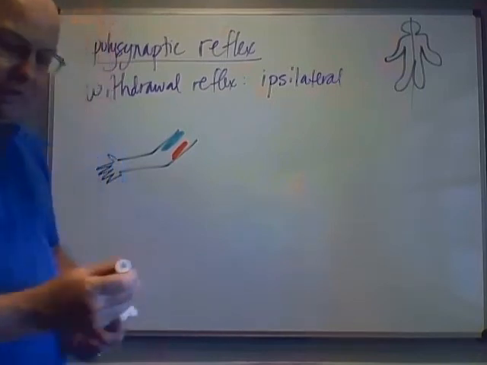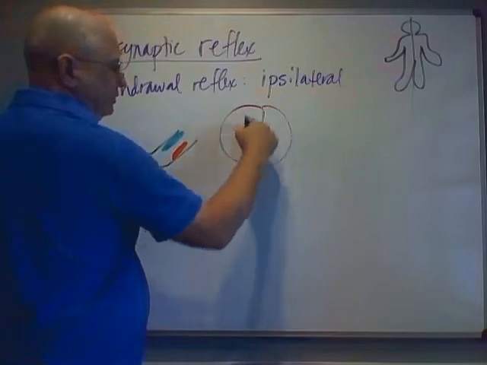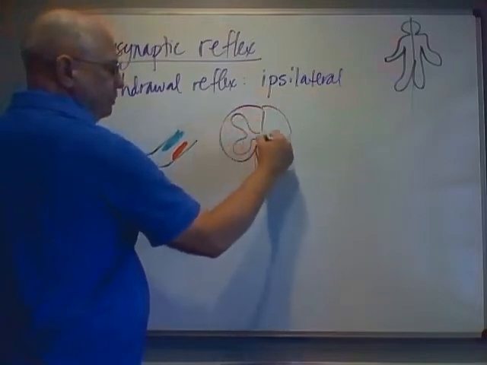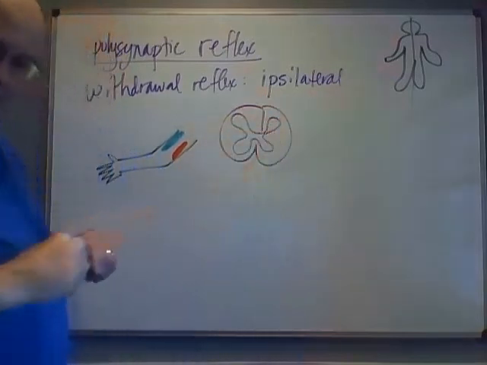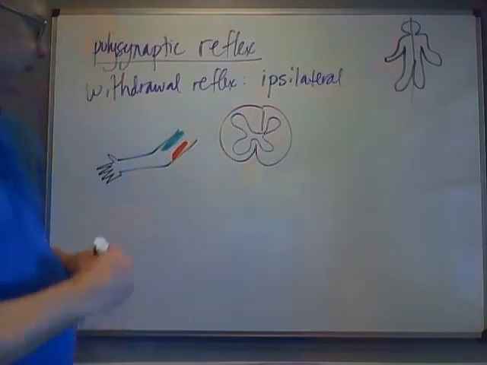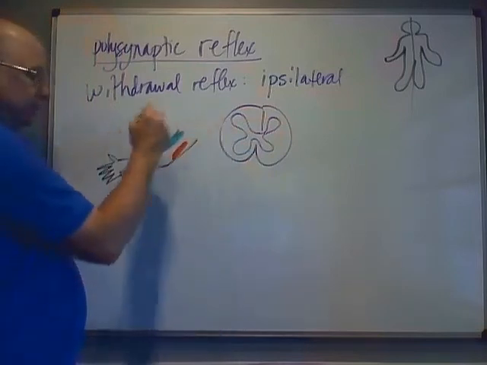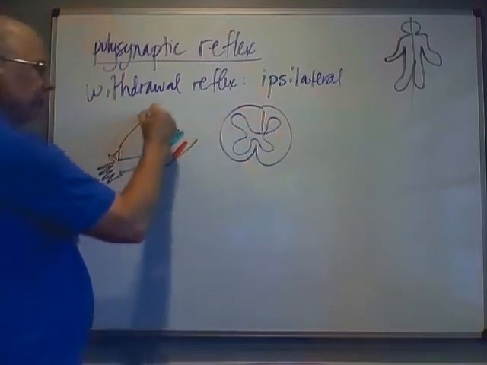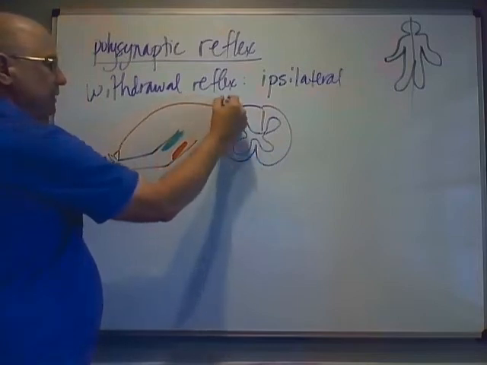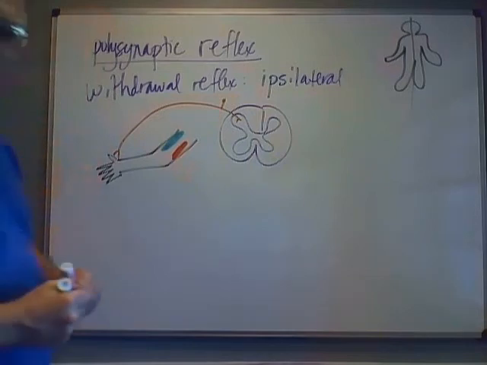Okay? Now, here's my spinal cord. Anterior, posterior, and so on. Okay? What's going to happen is, when I sense this, the sensation, and I'm not going to draw it coming through the arm because I don't want to make this too messy, but the sensory neuron is going to come in and synapse. It's going to stimulate what's called an interneuron.